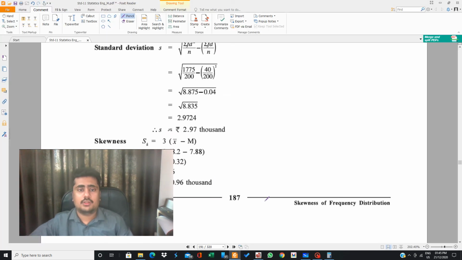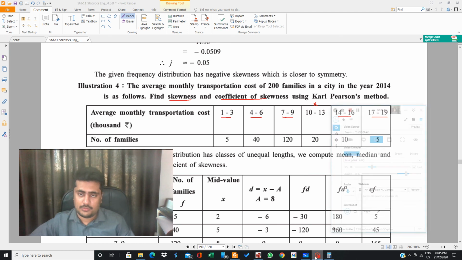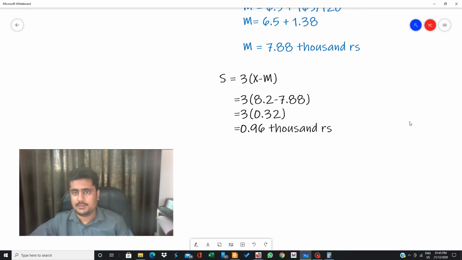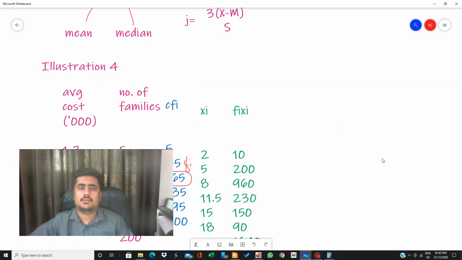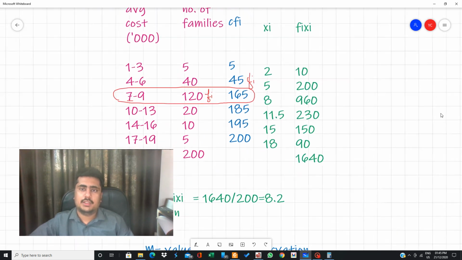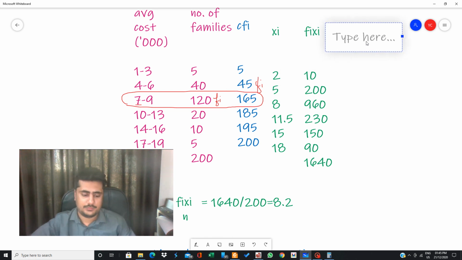Now, what was the question? The question was to find skewness and its coefficient. So to find the coefficient, I have to find the standard deviation. So to find the standard deviation, I need to do the f x square.